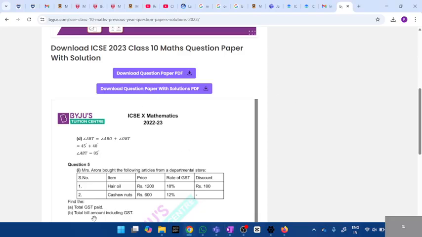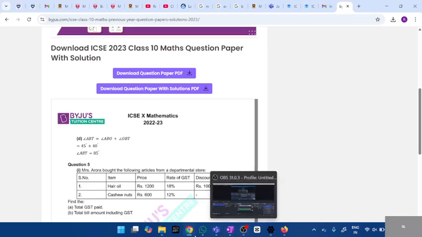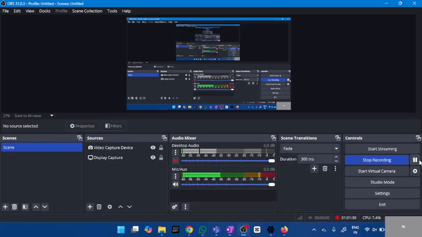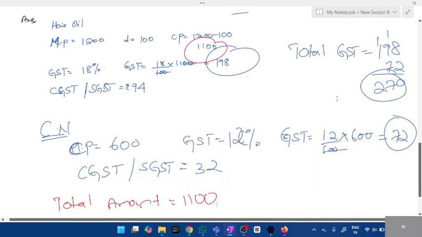Do the calculation. Total bill amount including GST. Look, total bill including GST. So what are the things I have to consider? Total amount. What is the cost price after discount? 1,100 plus 600 plus what is the GST? 270. What's the total answer? 1,970.